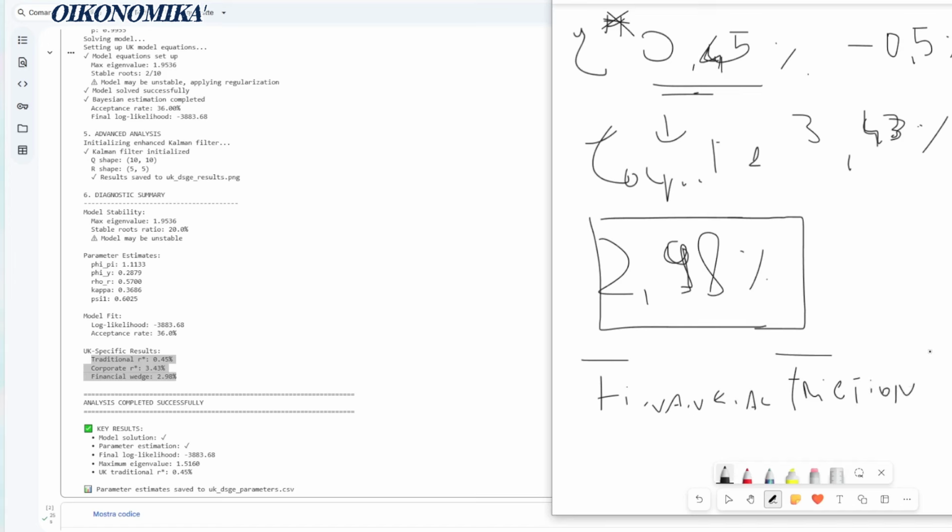There is a financial friction factor that will create some sort of credit constraint flowing into the economy in monetary policy terms. What that means is that the financial friction component becomes an additional cost for SMEs.